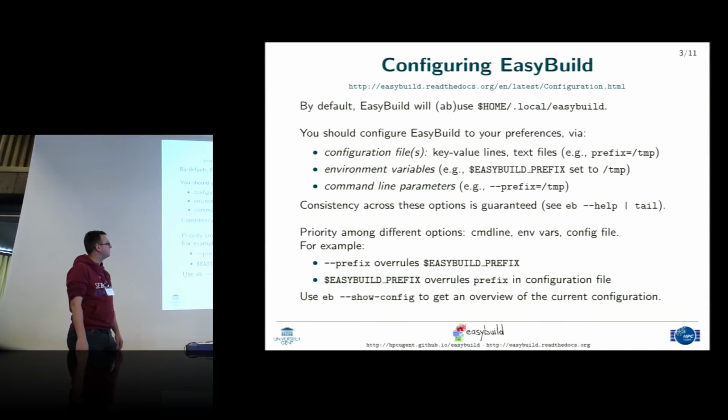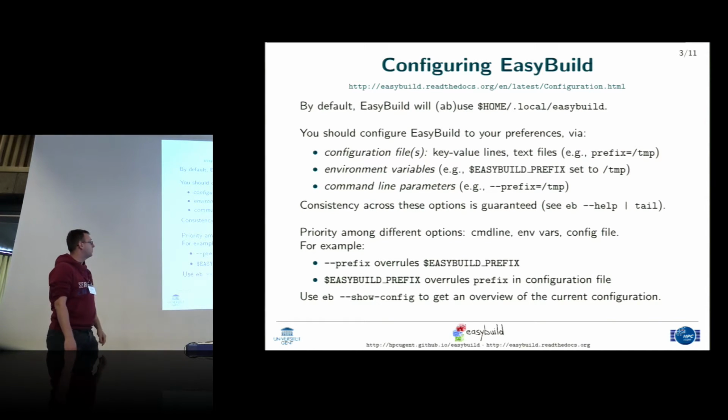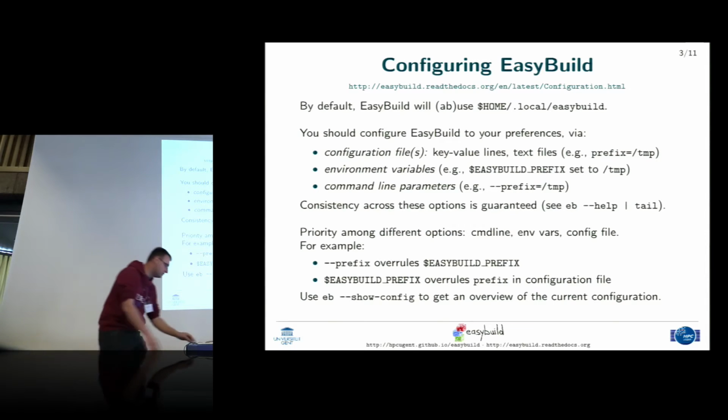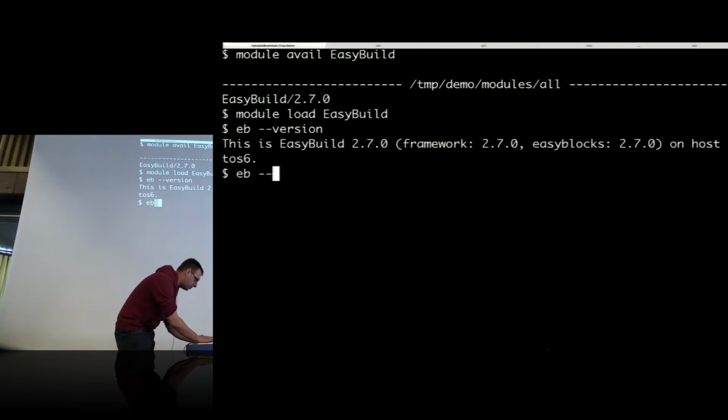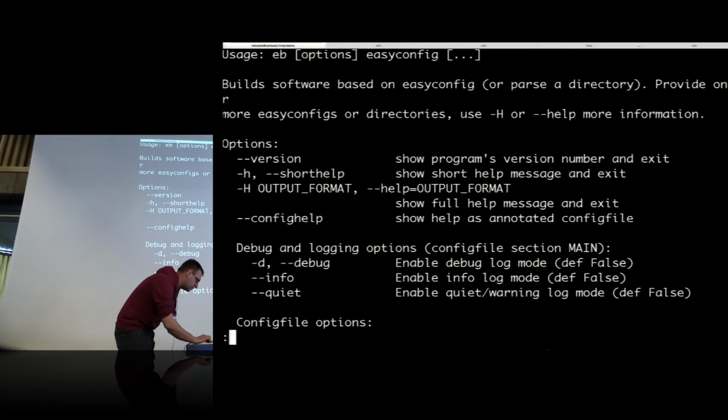It's very easy to configure EasyBuild to do other stuff. You can configure it on 3 different levels. You can put configuration files in place, which are just ini-style configuration files, so just key value. You can define environment variables, so EASYBUILD_something, or you can use command line parameters. We have a --help output, which is very, very long, because it has a lot of options.